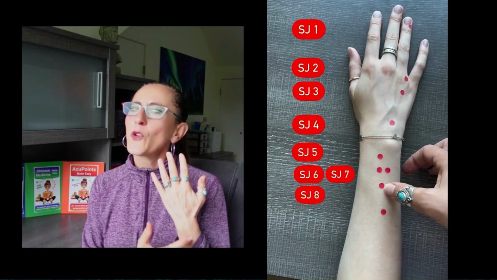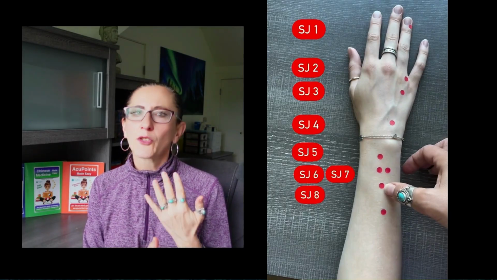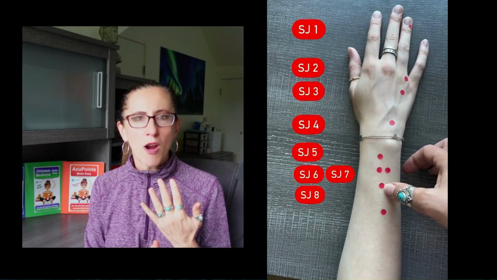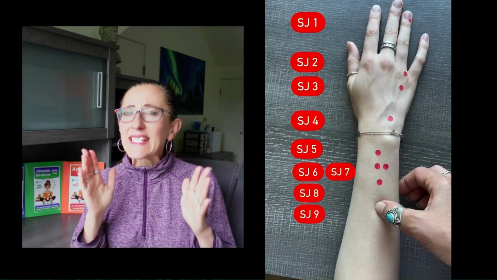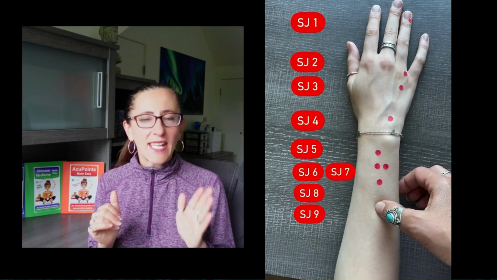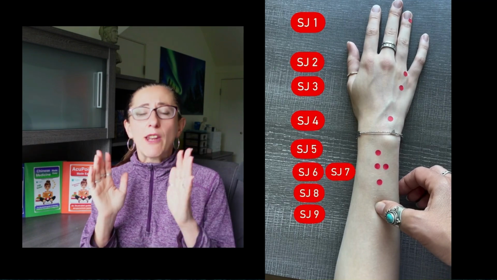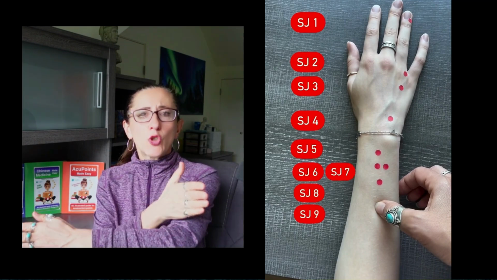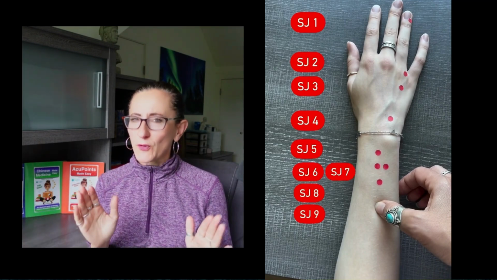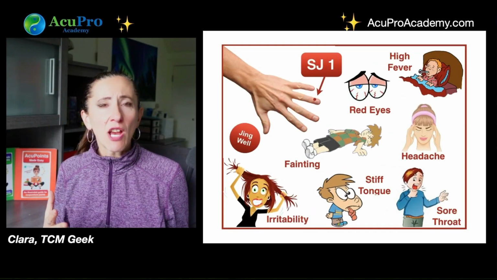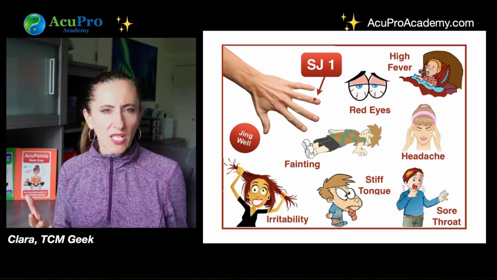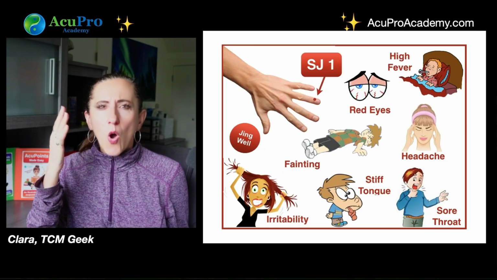San Jiao 8 is 4 tsun above the wrist on the dorsal part of the forearm between, again, the radius and the ulna. And San Jiao 9 is 7 tsun above the wrist, again, between the radius and the ulna. Remember that from the wrist to the elbow is 12 tsun, so it's a little bit more than halfway on San Jiao 9.